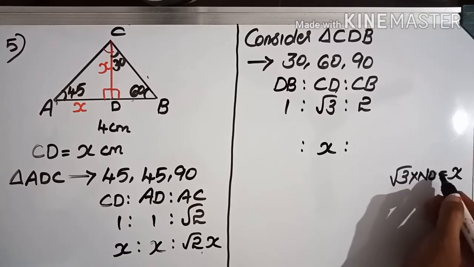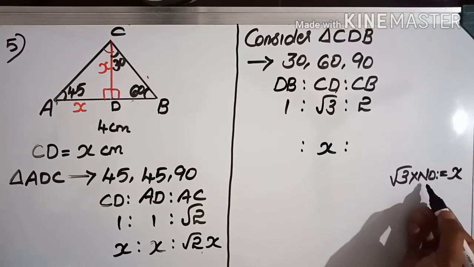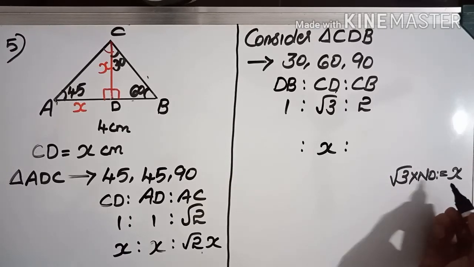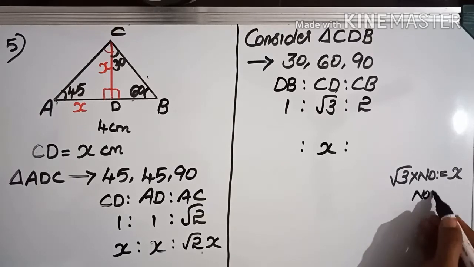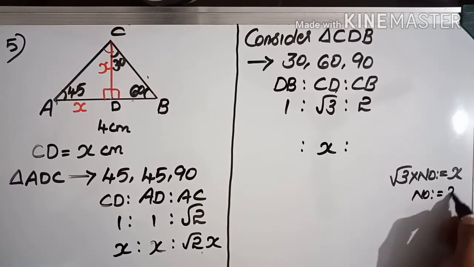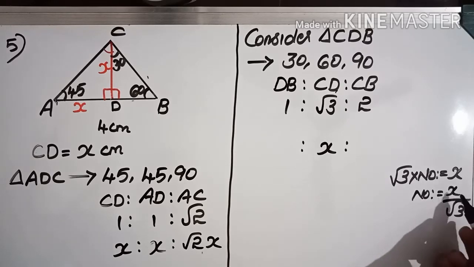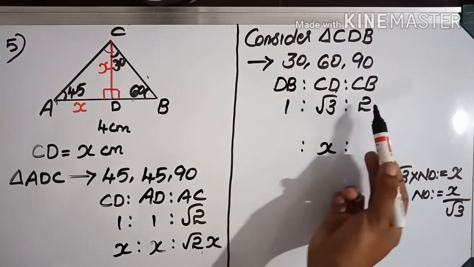In order to avoid the confusion, we write it like this. So that number equals x by root 3, moving root 3 to the other side. So x by root 3 is the multiplication factor. With x by root 3 we have to multiply 1 and 2.